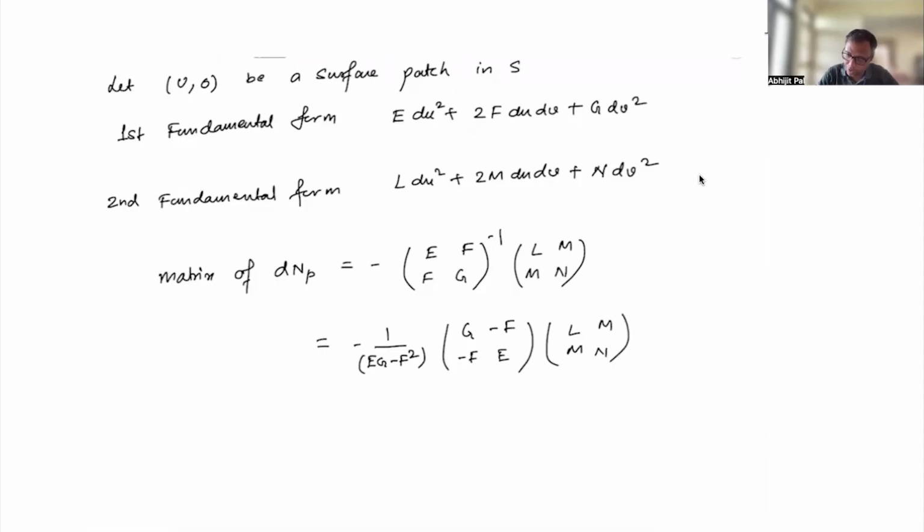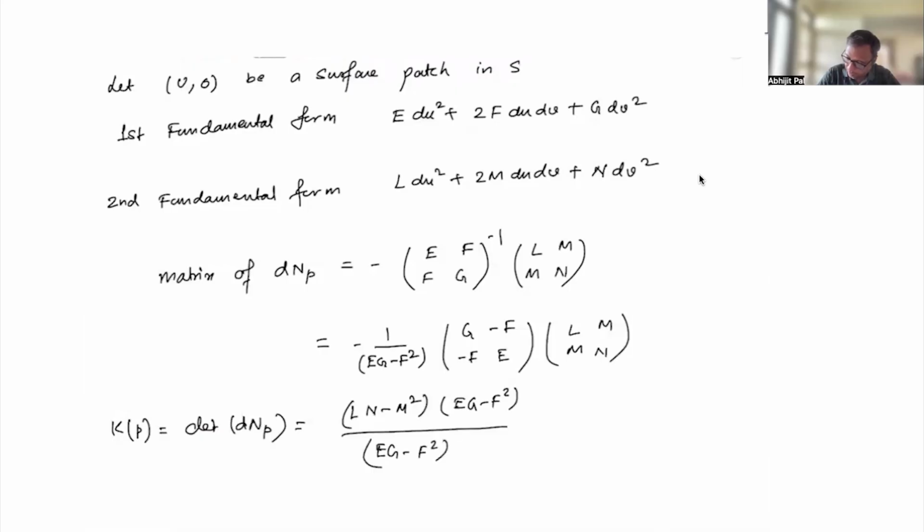Okay. So therefore, the determinant of the matrix D_P, which is equal to the Gaussian curvature, will be equal to (LN minus M square) multiplied by (EG minus F square) whole, divided by (EG minus F square) whole square. So this is equal to (LN minus M square) divided by (EG minus F square).